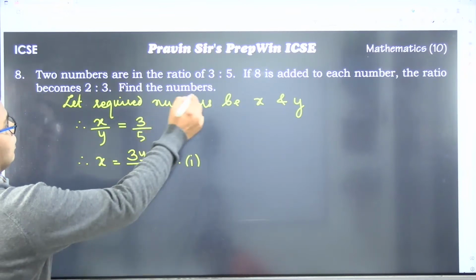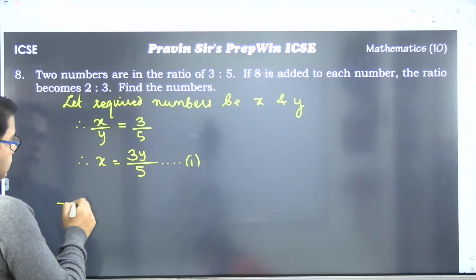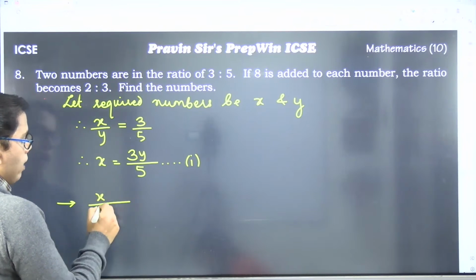Then if 8 is added to each number, let us say this is x and y, my original numbers.